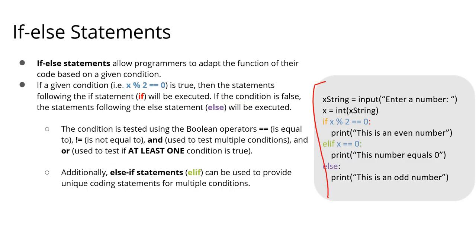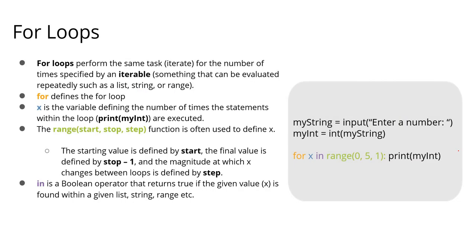We can see the explanation of if-else: x_string is equal to input("Enter a number"), and then x is equal to int(x_string). So we are mentioning the difference between if and else: if x is equal to 0, then marks are denoted by 0. Zero values will be there. These are the actual differences between these two.